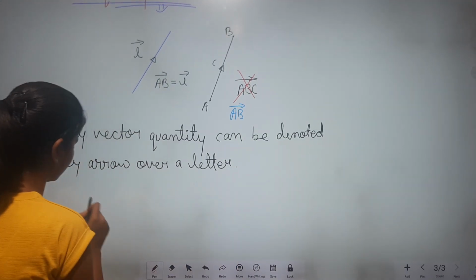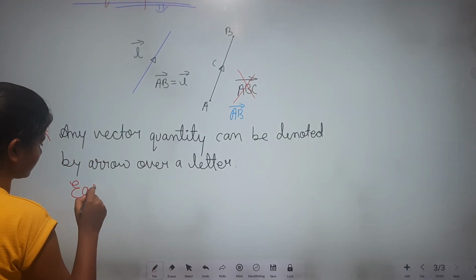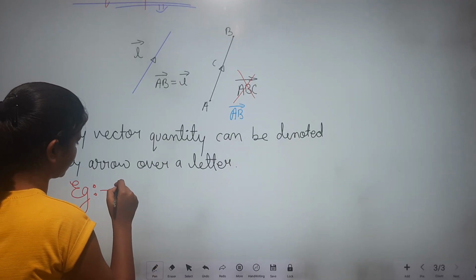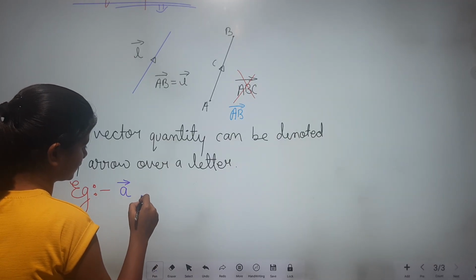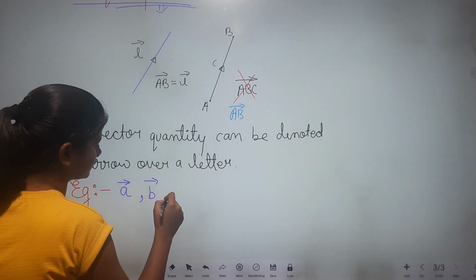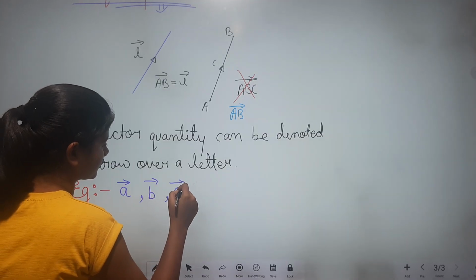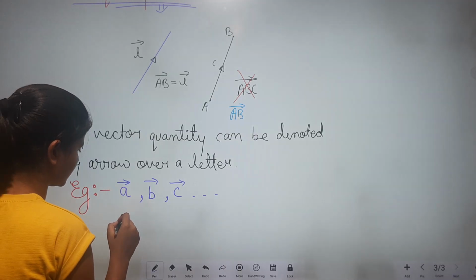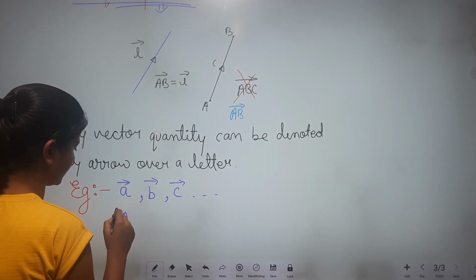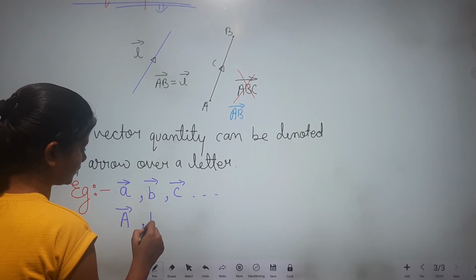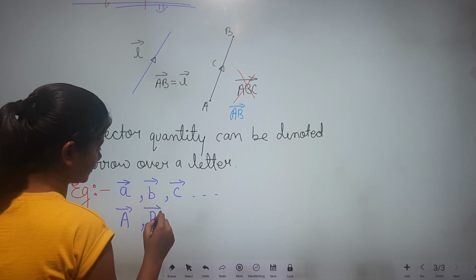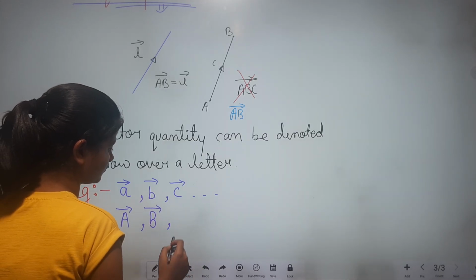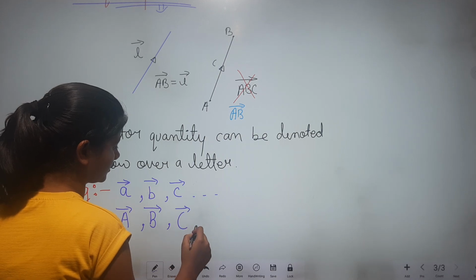Like for example, here a vector, okay, b vector, c vector, okay, and so on. Or you can also use capital letters, okay, like A vector, B vector, C vector, and so on.